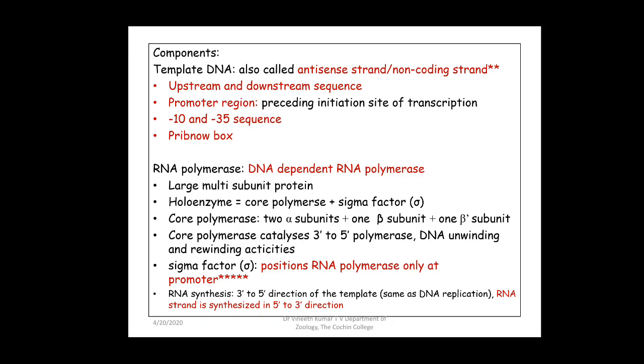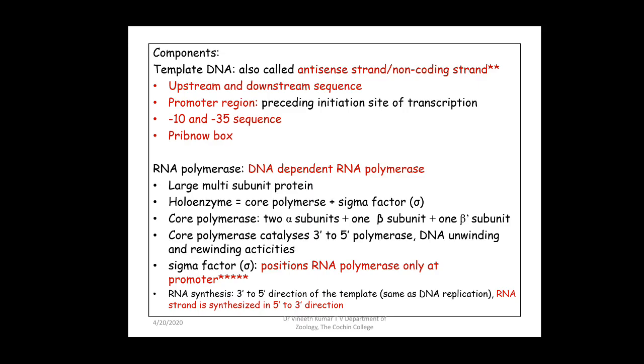For a gene to be transcribed perfectly, the sigma factor is required, because only along with the sigma factor will the core polymerase be placed at the promoter region. After the process of initiation, the sigma factor leaves the polymerase, and the rest of the polymerization of RNA is done by only the core polymerase.